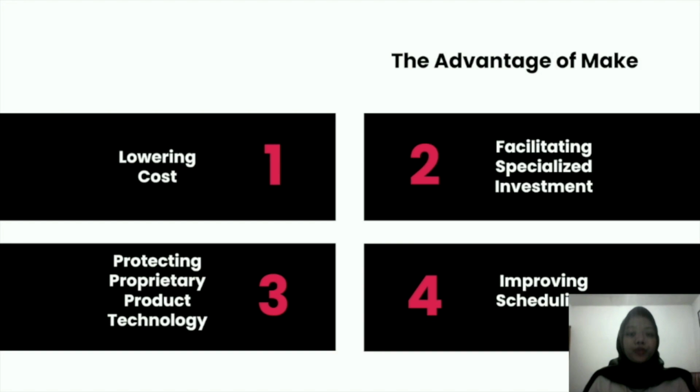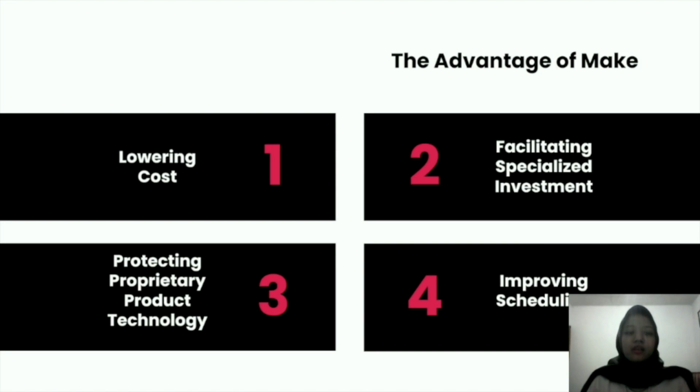If the firm outsources the production of an entire product or components containing proprietary technology, it runs the risk that the supplier will expropriate the technology for their own use or sell it to the firm's competitors. Thus, to maintain control over its technology, the firm may prefer to make such products or component parts in-house.